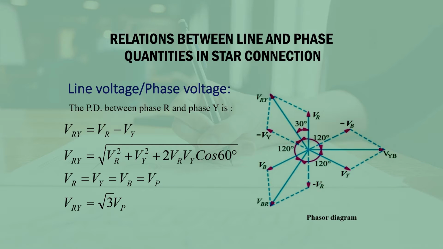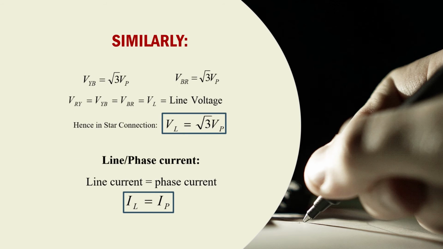That means the line voltage between phase R and Y is equal to root 3 times the phase voltage. Similarly, you can find the line voltage between the other phases, like between phase Y and B. It can be written as VYB is equal to under root 3 times the phase voltage.